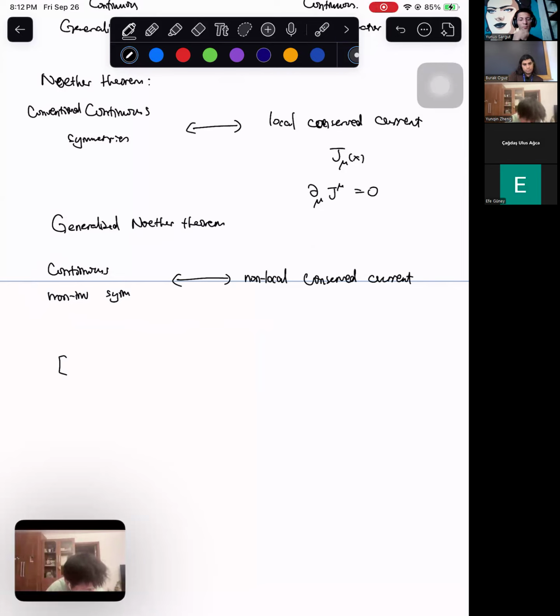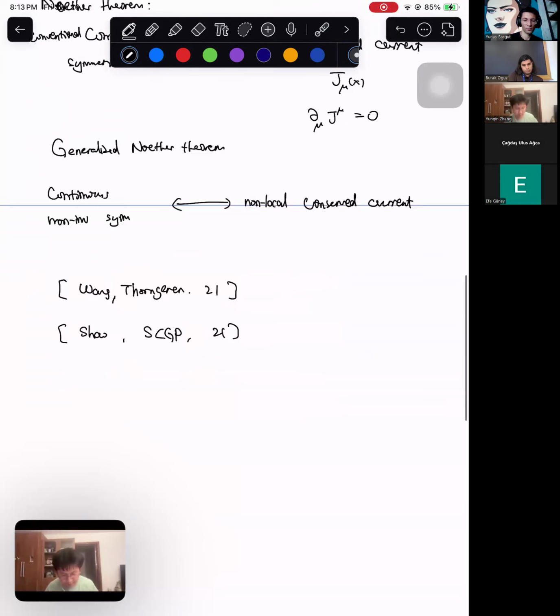For example, this correspondence was alluded to in a paper from 2021 by Yifan Wang and Ran Sangren, and it's also mentioned in a talk by Shu-Heng Shao at the Simons Center, also in 2021.